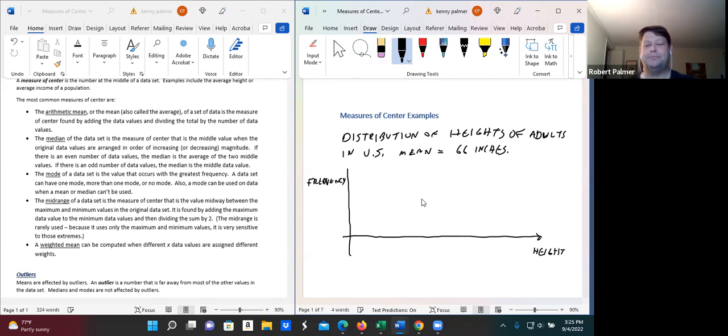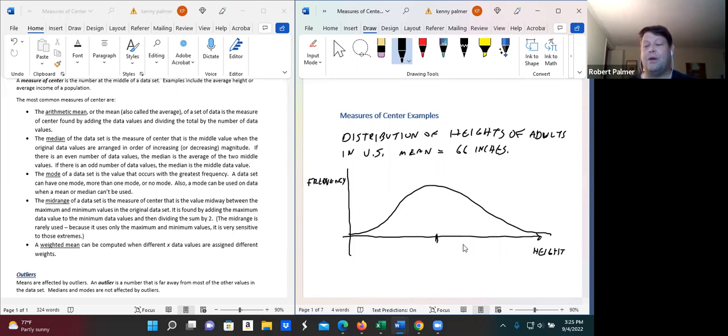Actual height, as we'll talk about in the future, follows something called a bell-shaped curve, or normal distribution. It looks something like this, a symmetric distribution. From right in the middle here, it looks the same on either side. My drawing isn't exact, but you get the idea.